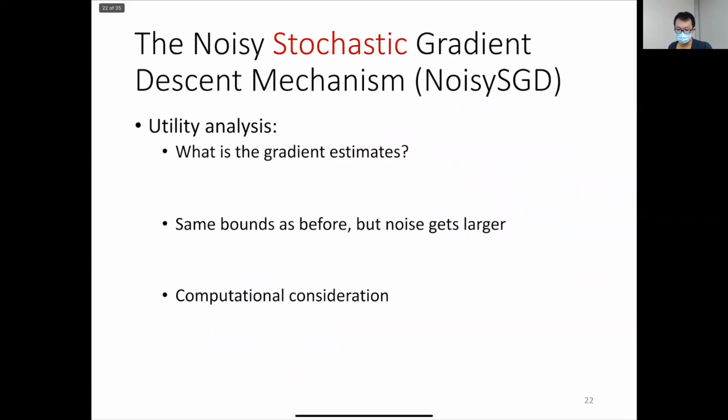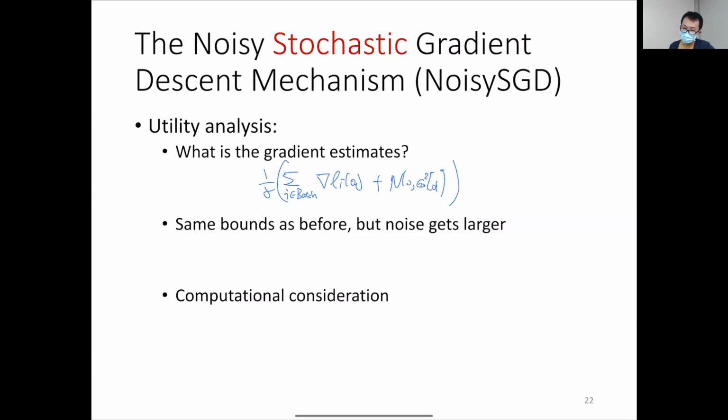Okay, so how about the utility, right? The gradient estimate, as we've seen, is 1 over γ times the sum over this random batch of the gradients of the individual parameters, plus noise. Right, so this is our gradient estimate.